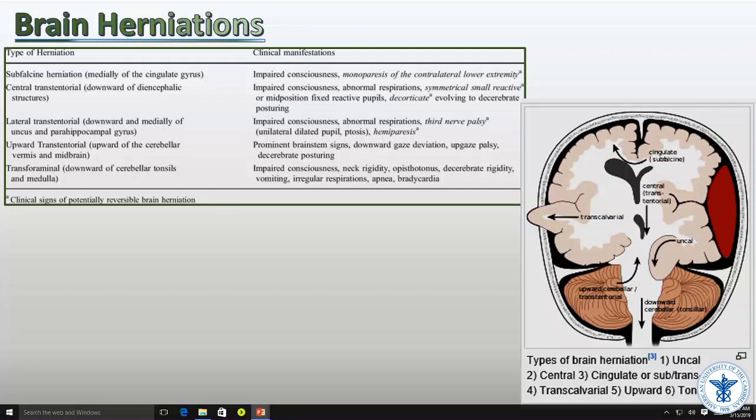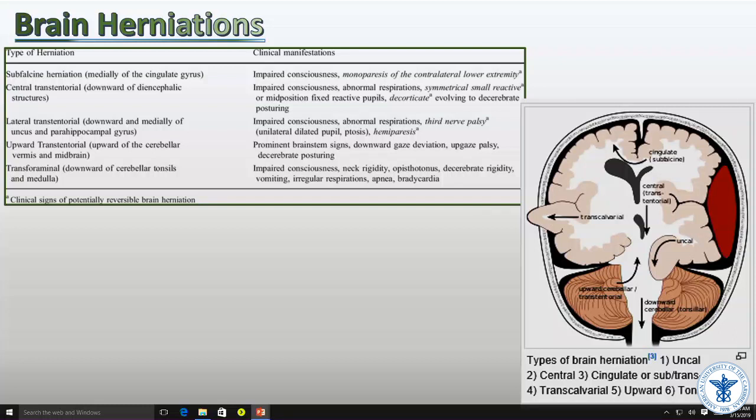And then there is another kind of herniation. Now, if you have a lesion on the side like this, you get an uncal herniation. But if you have a lesion on top here, which is not shown in this image, it won't cause uncal herniation. It's going to cause what is called a central herniation, where both sides of the brain herniate together. Now that's equally bad, and that's bad because you get less time than with an uncal herniation to make the diagnosis.